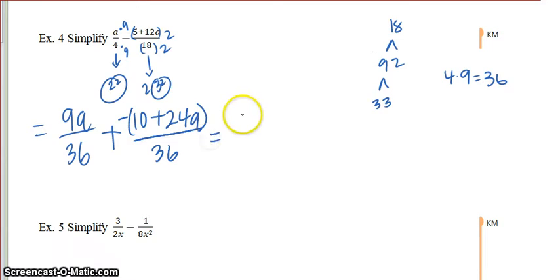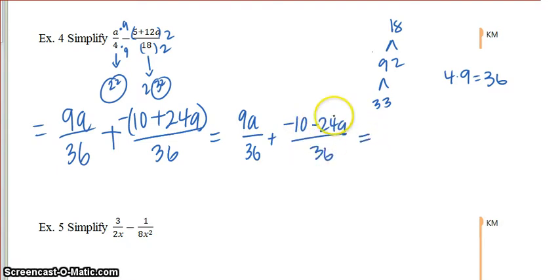So now I'm going to rewrite it as 9a over 36 plus negative 10 minus 24a over 36. Combine like terms, so we'll have negative 10, and 9a minus 24a is going to be a negative 15a over 36.